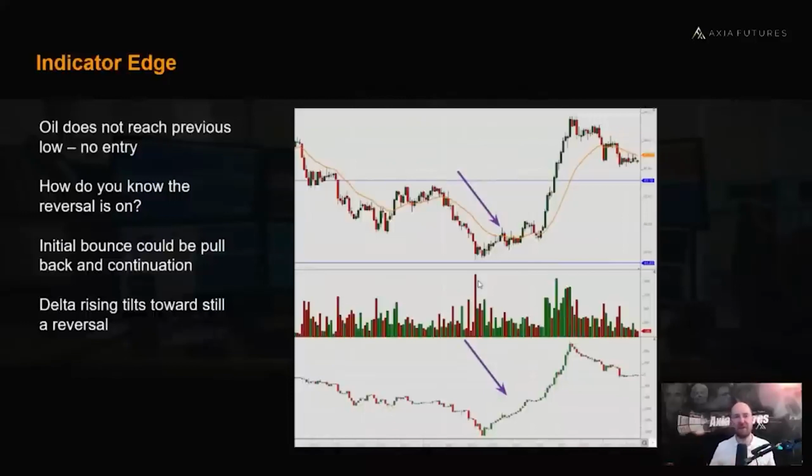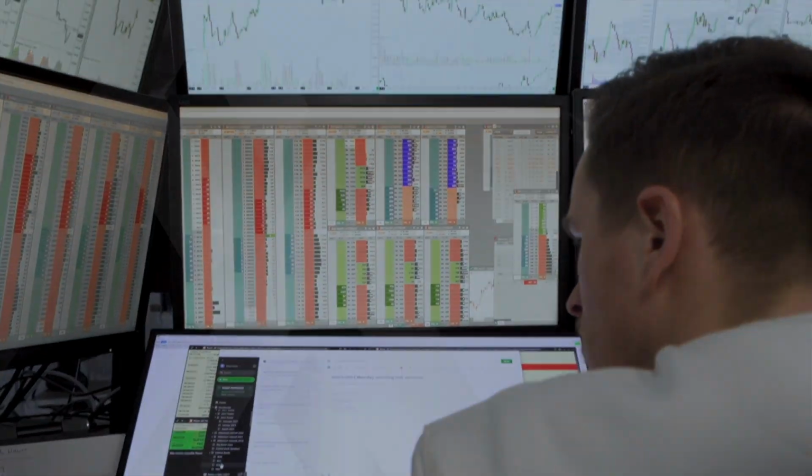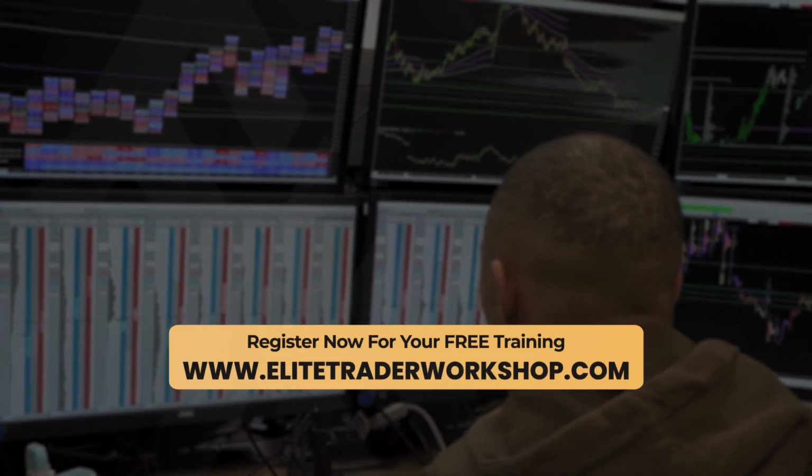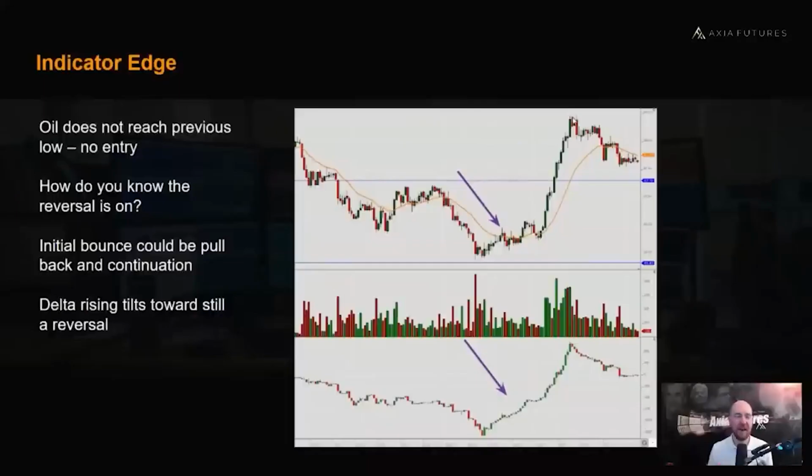Putting your bid above the level isn't a solution, because you can always be above the level to the point you're buying it up here. And at that point, evidently, it is not a trade. So the question you've got to answer here, and this is where an indicator is going to help you, is the reversal actually on?